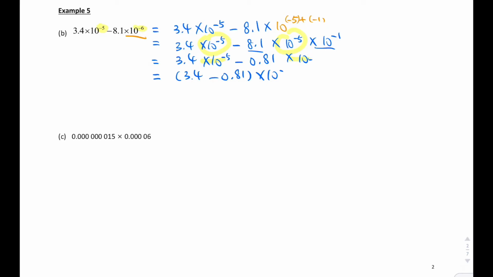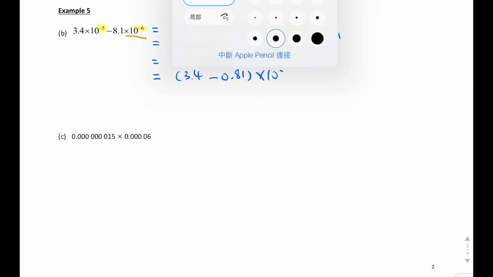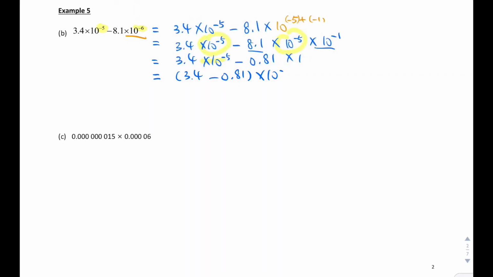Sorry, this is -5. So we have the answer 2.59 times 10 to the power of -5. This is between 1 and 10, so this is the final answer.